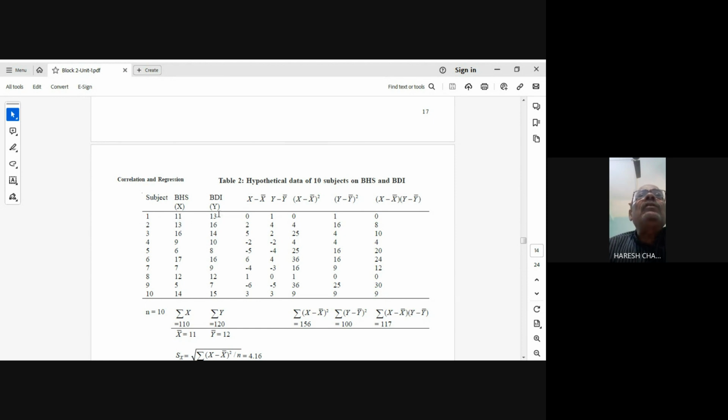Same thing, the depression inventory, Beck's, was administered to the same 10 people. Same correlation will always be on the same people. Their depression inventory scores are here.